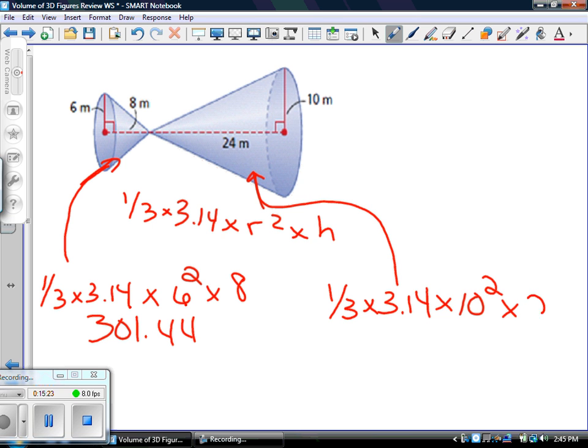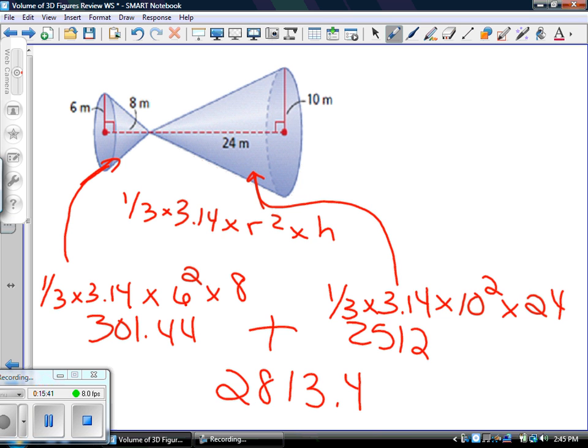Square that and multiply by 24. When we solve there, we get 2,512. We'll take these two, add them together to get the volume of the entire figure at 2,813.4. And that is rounded, and it's meters cubed.